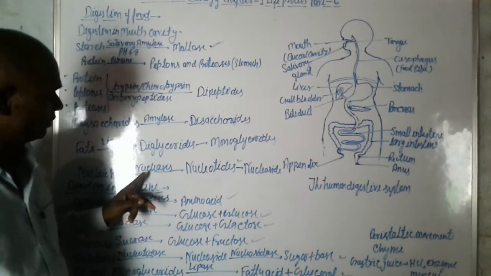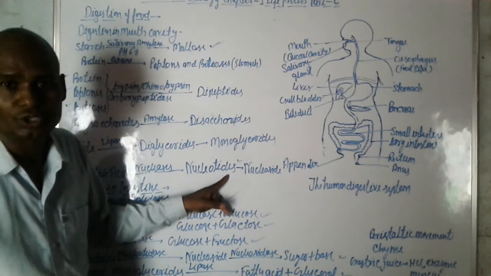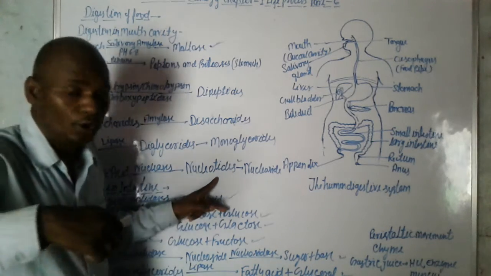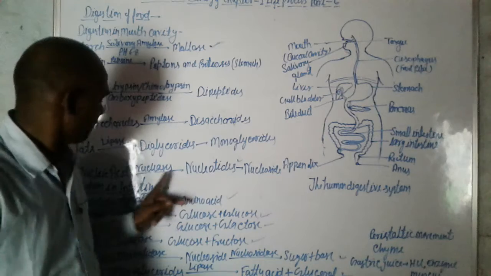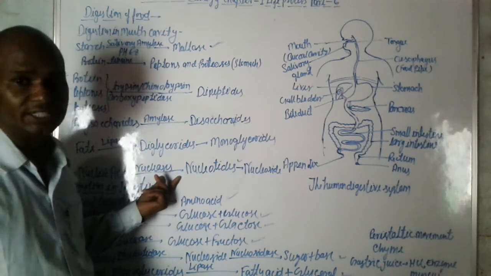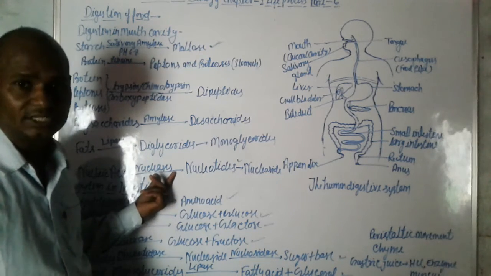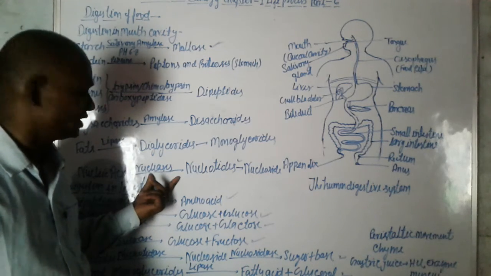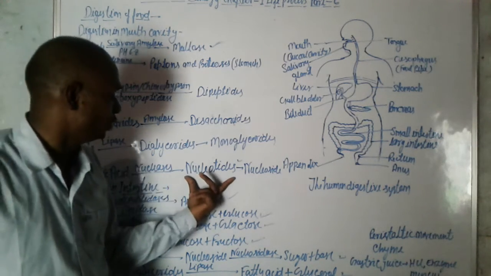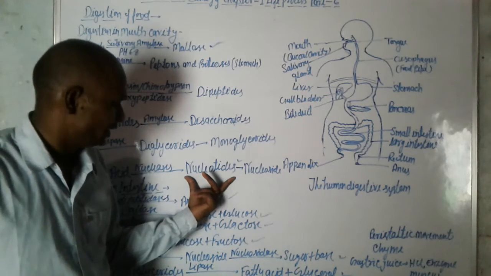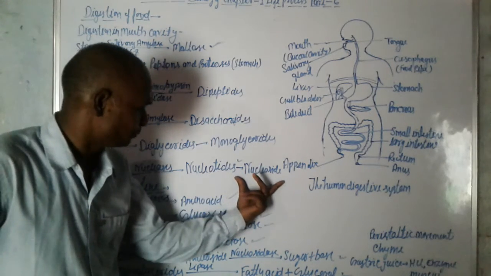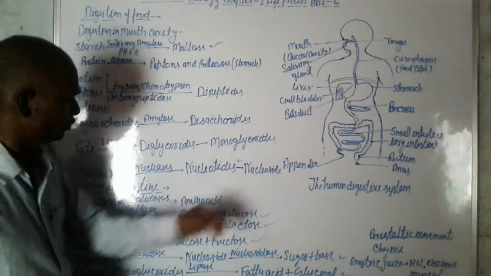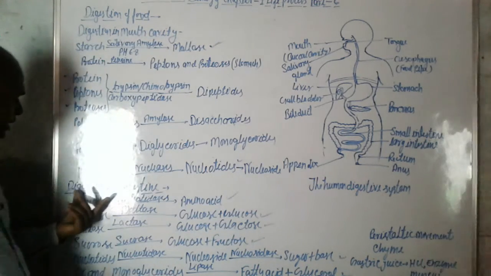Nucleic acid is converted into nucleotides with the help of nucleases enzyme. Nucleic acid reacts with nucleases and produces nucleotides, and nucleotides are converted into nucleosides.